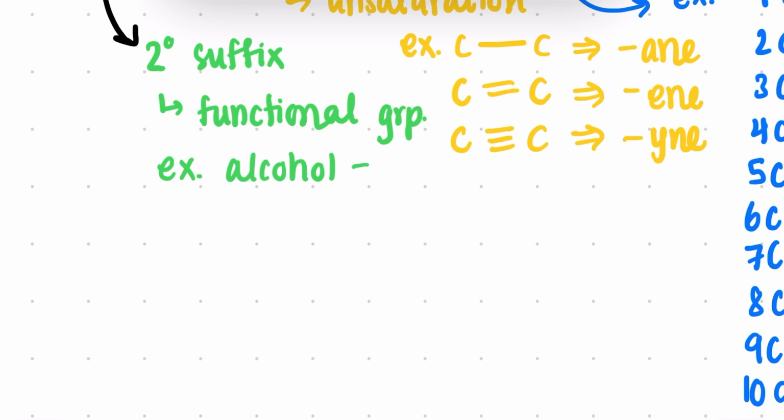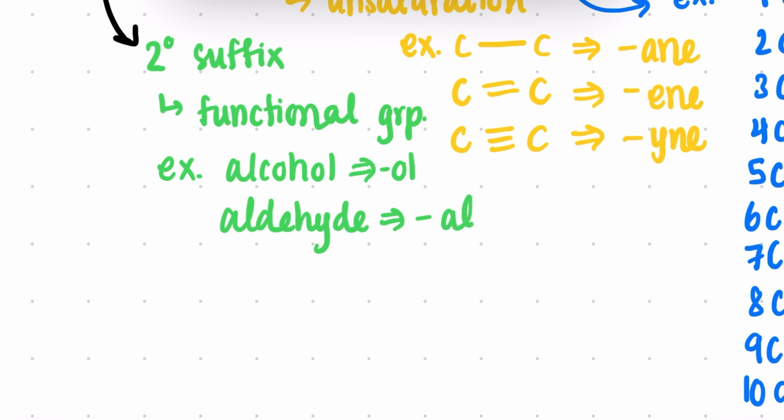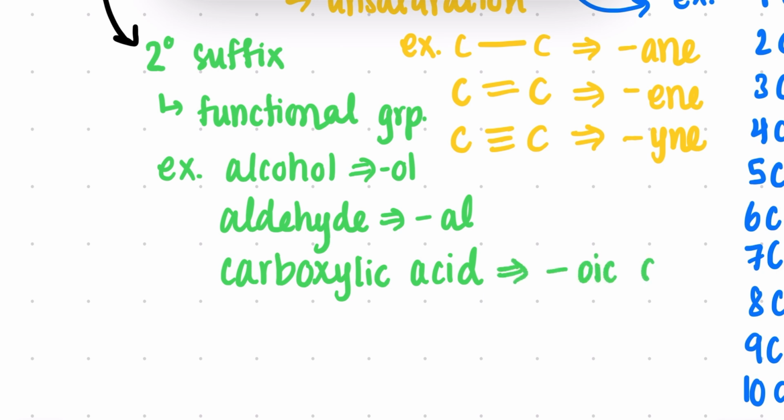For this, we use ol, so ethanol, methanol. Then we have an aldehyde, which uses al, like methanal or ethanal. Then we have a carboxylic acid. We talked about an example in the previous video. This uses oic acid, so propanoic acid, like that.